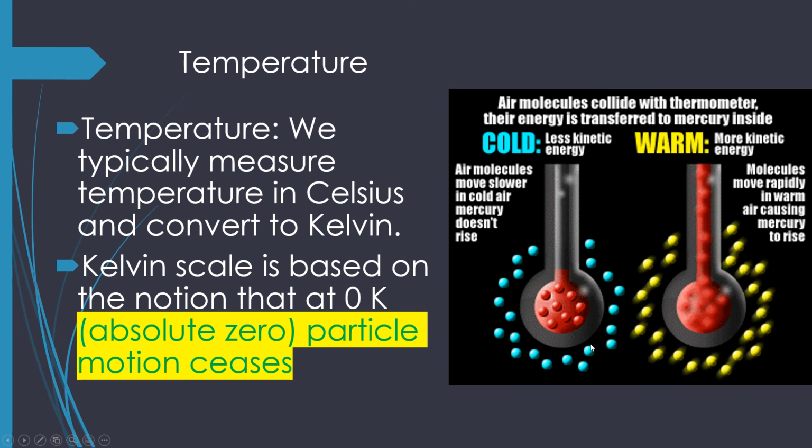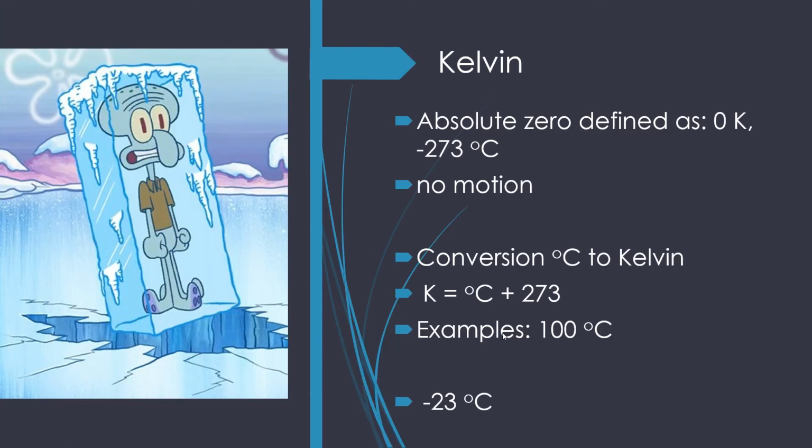Something gets so cold that all motion stops. And so that's why we use this Kelvin scale. And again, when we play with that PhET, you will be able to experience that. So at absolute 0 Kelvin, or minus 273 Celsius, there is no motion of particles. Any other temperature will have a little bit of motion, whether it's a solid, liquid, or gas.